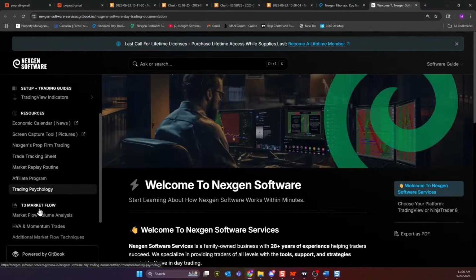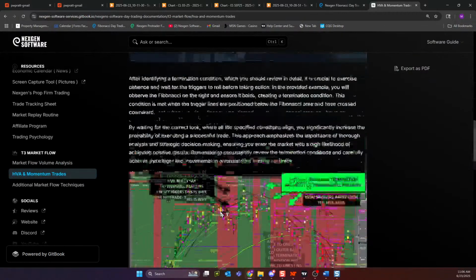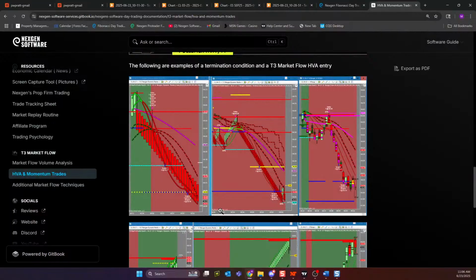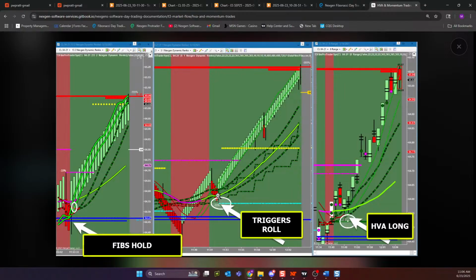So are there more opportunities than high probability trend trades? Of course there are. You've just got to learn your basics. That's an HVA trade. Fibs hold, triggered roll. Well, there's your snapback right to the mid-band, right at the small triggers. And here it actually coincided with an HVA. Exact same look.